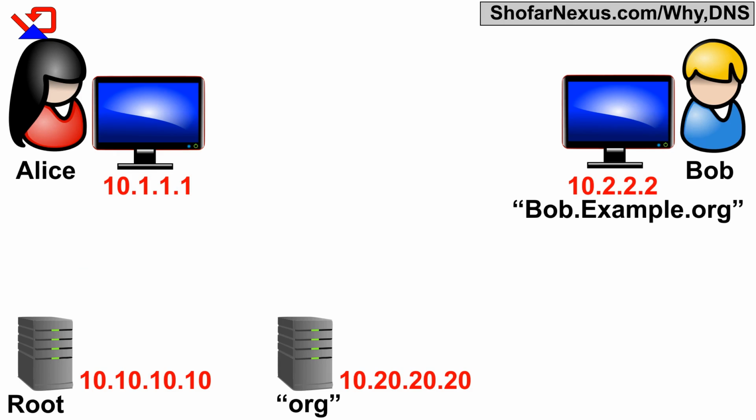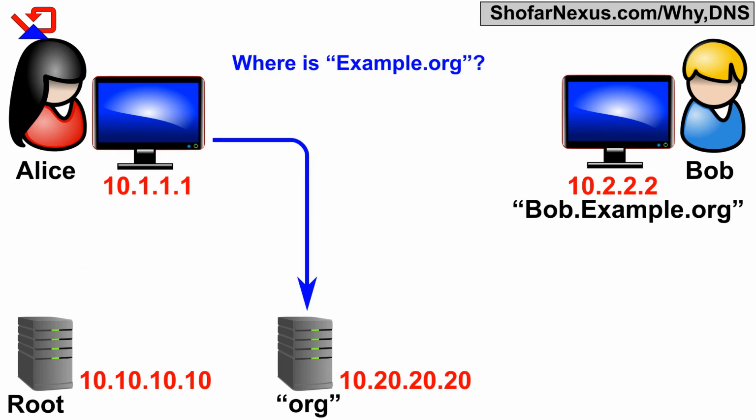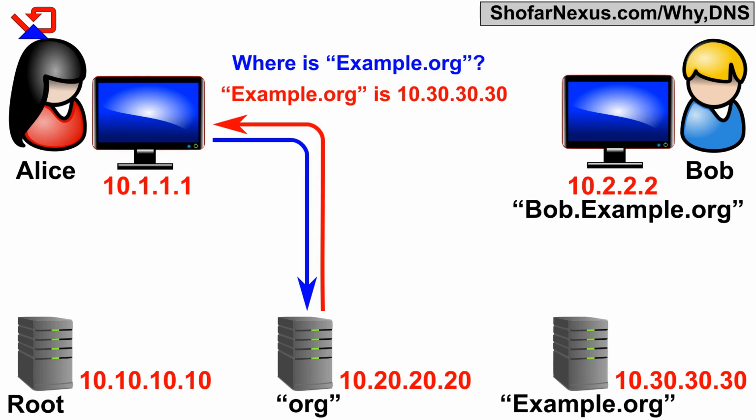The root name server will return with one or more IP addresses of the org name servers. With this information in hand, Alice's computer now sends another query to one of the org name servers asking for either bob.example.org or simply example.org. The org name server will return one or more IP addresses for the example.org name server.